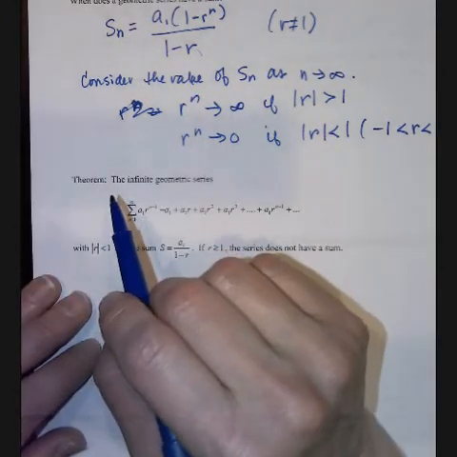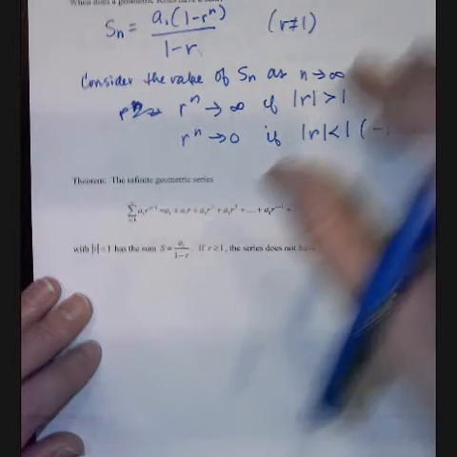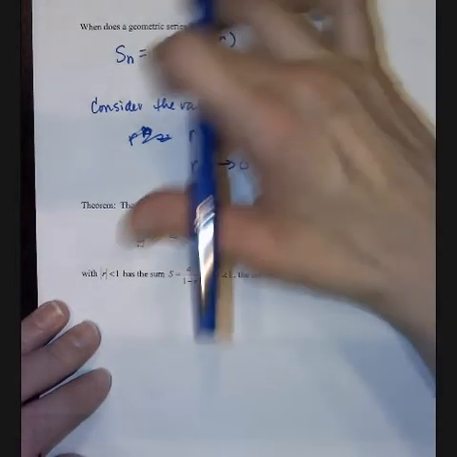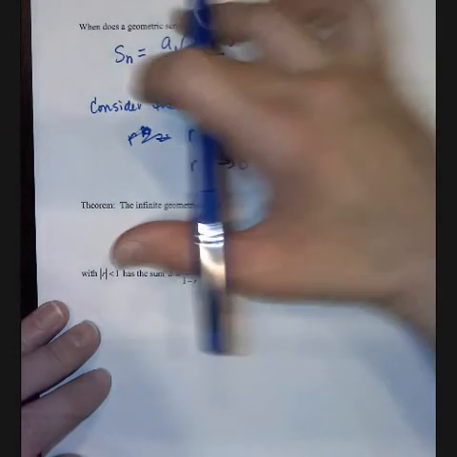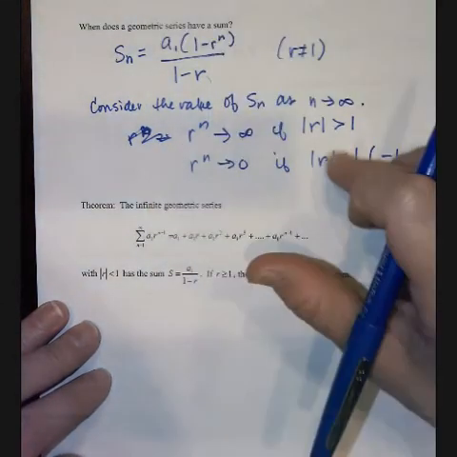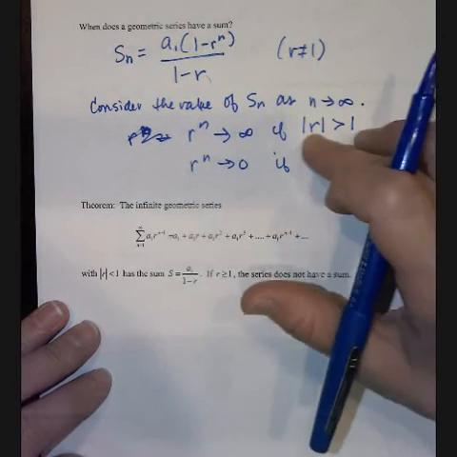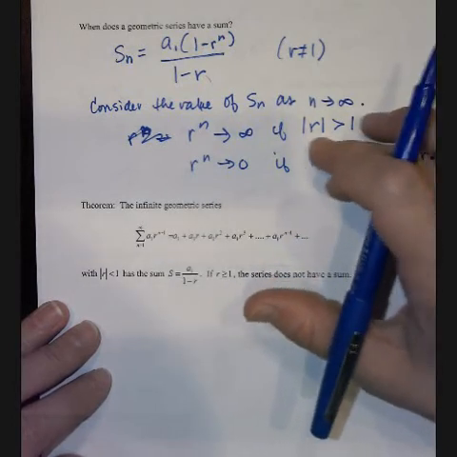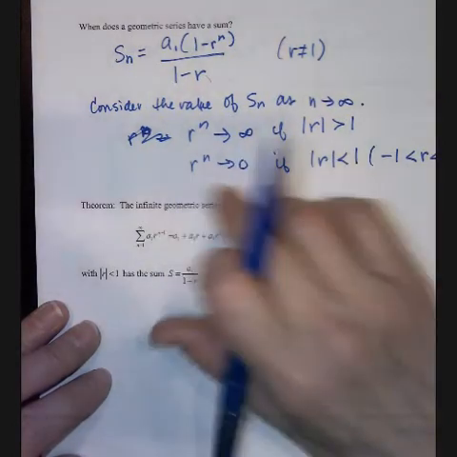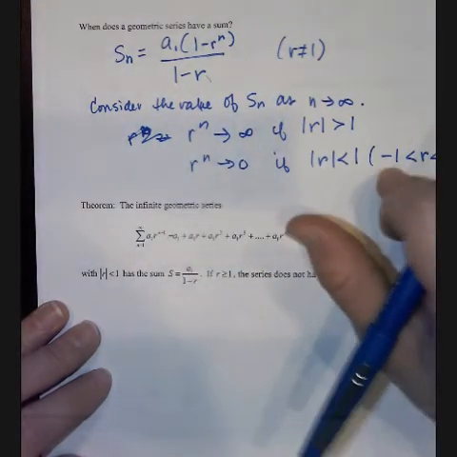So what does that mean? Well, what that means is this will not approach a constant number, or a limit, we call it, if r is bigger than 1 or less than -1. But it will approach a constant if r is between -1 and 1.